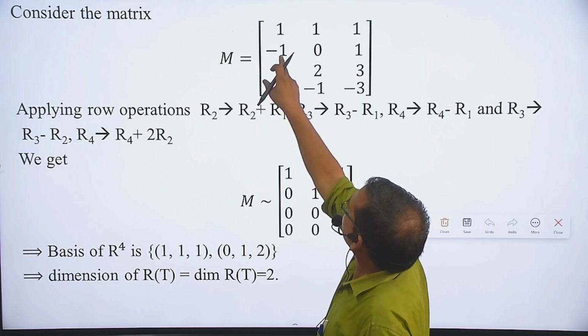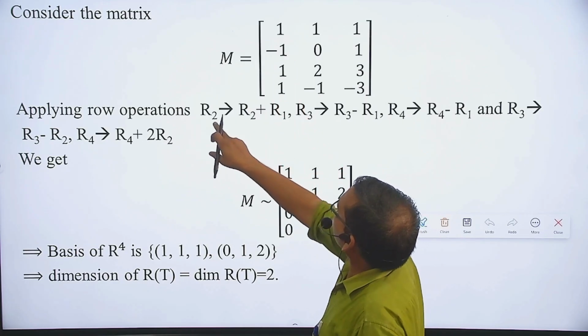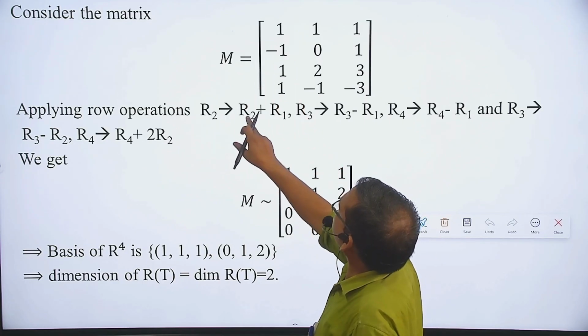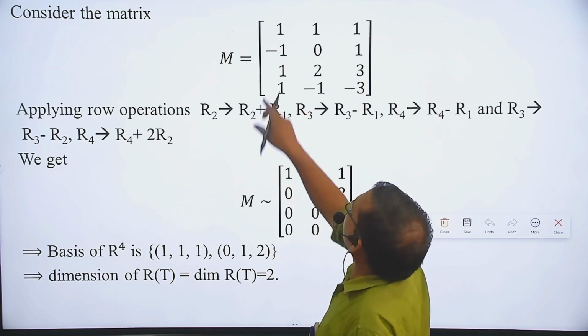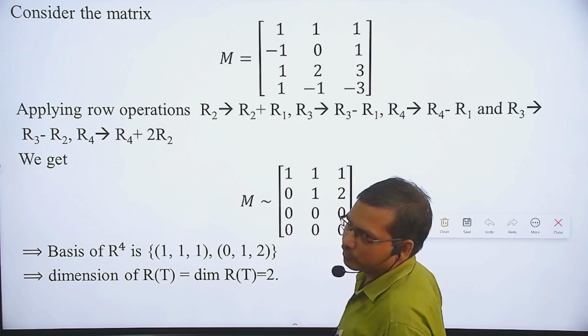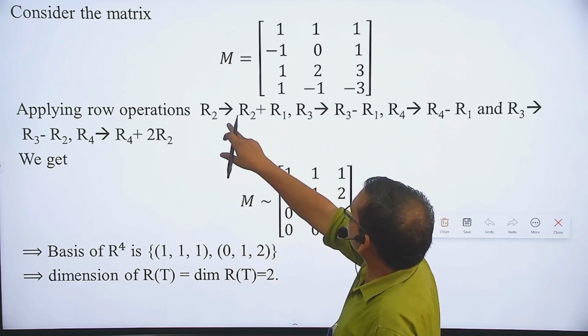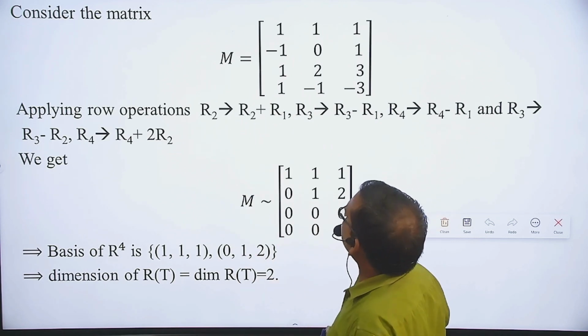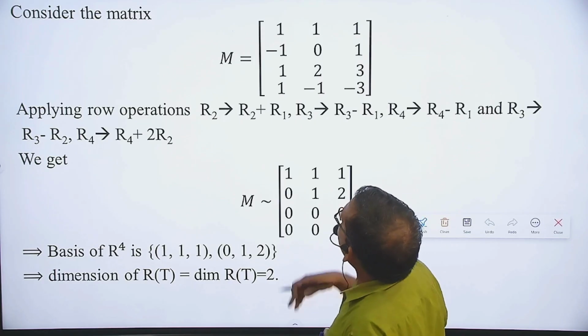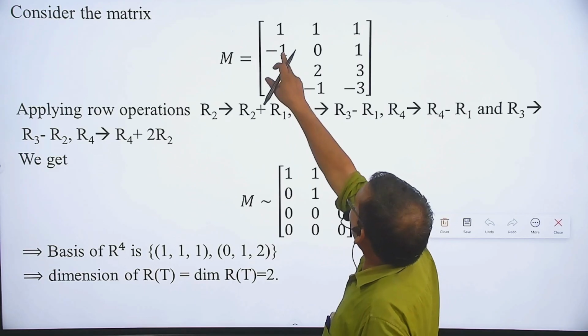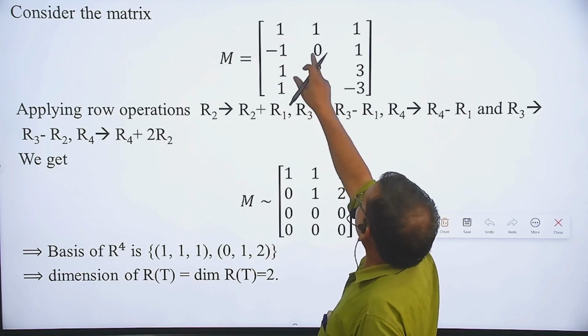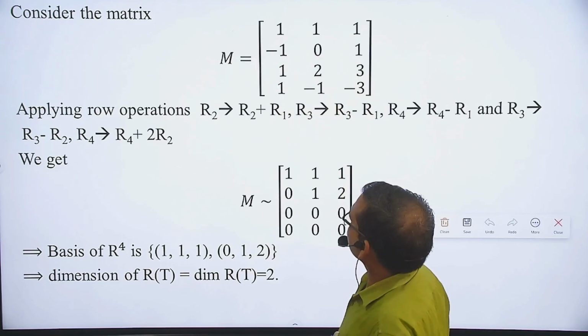R2 here is -1, so we apply R2 goes to R2 plus R1. When we add these two elements, it will be 0. When we apply this operation, it applies to all the elements -1, 0, and 1 also.